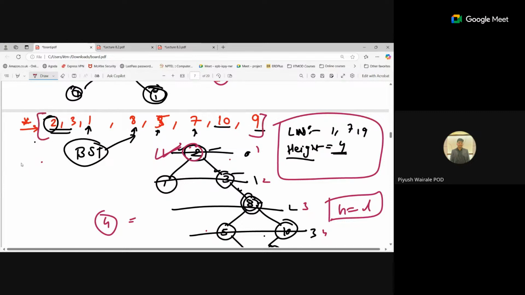Can there be two eights here, or two fives? No, we are considering unique elements only in this example, because we are going to use this as a search key, so keys are always unique.